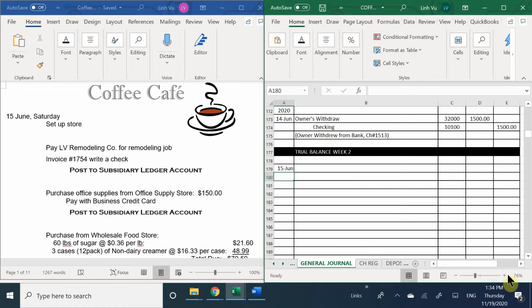Okay, so we've already incurred the expense. Now the key word here is we're making a payment. Okay, so we have it backwards.